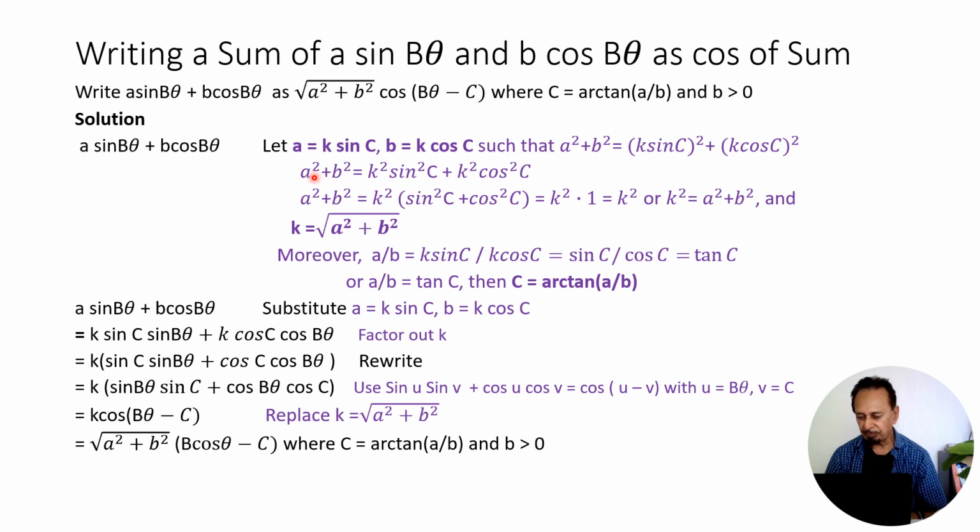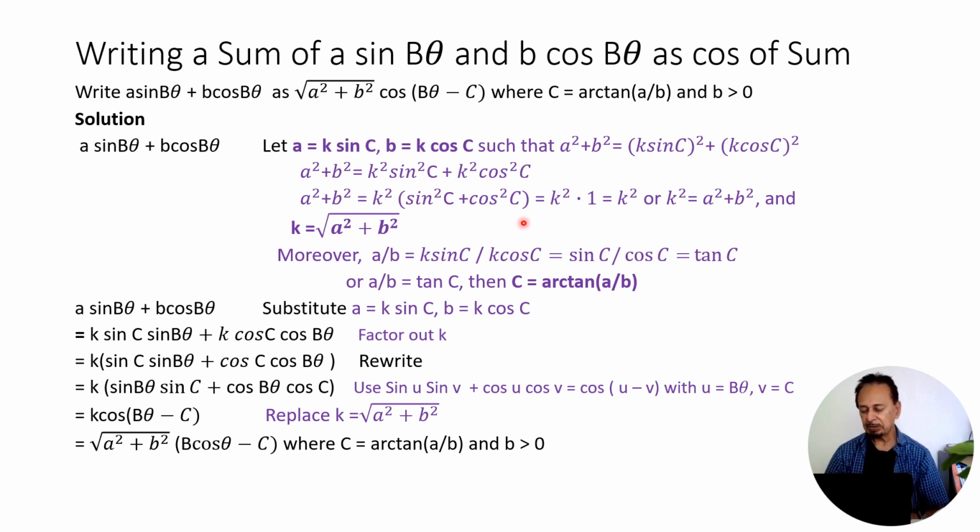If I square a and b and add, we have the square of k sine c plus the square of k cosine c. Now a square plus b square equals k square sine square c plus k square cosine square c. So now we can factor k square and we get sine square c plus cosine square c.